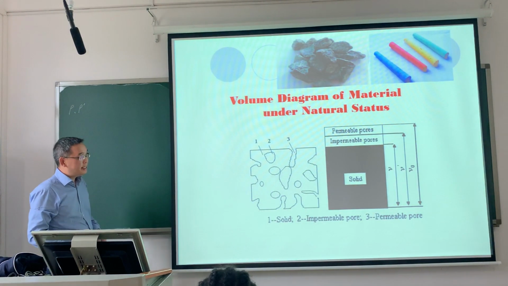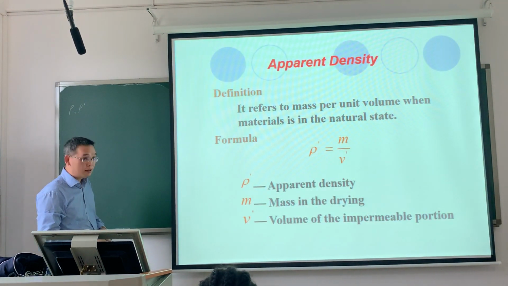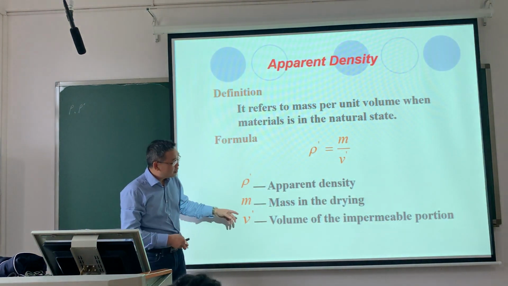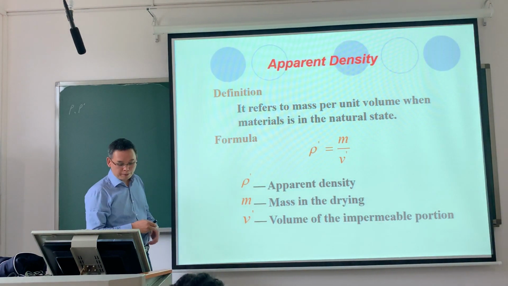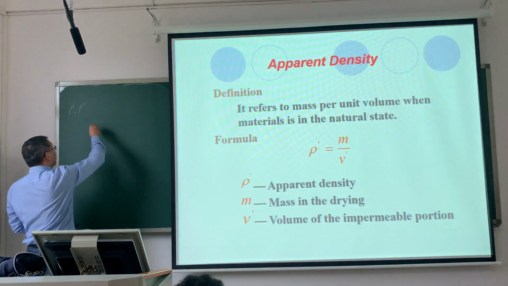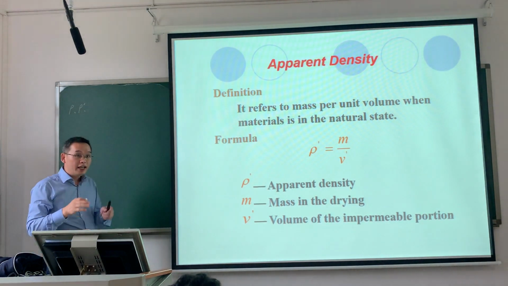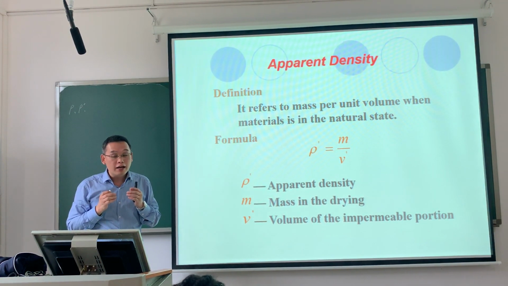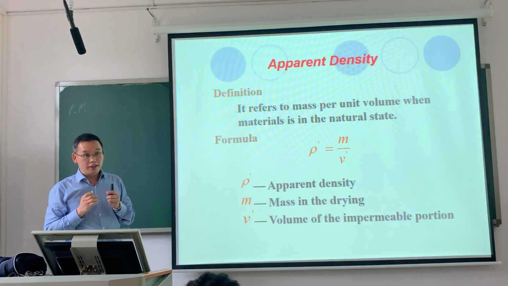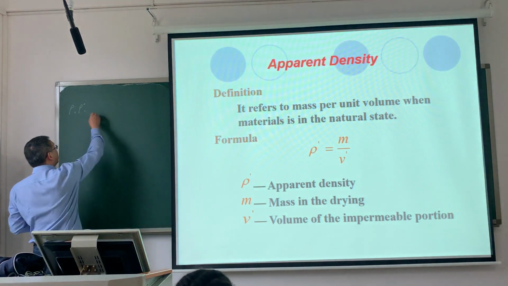For the apparent density, the volume we consider includes the impermeable portion. And then the one that is widely used for us is called the bulk density.